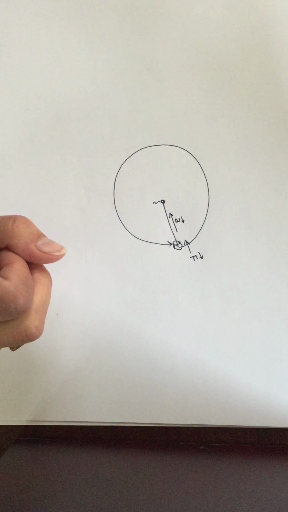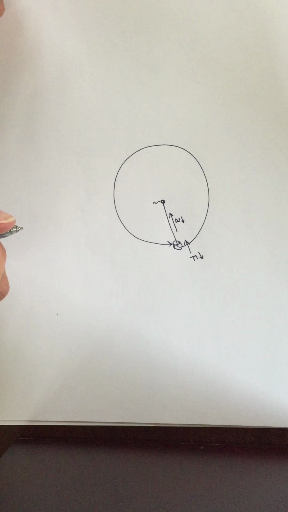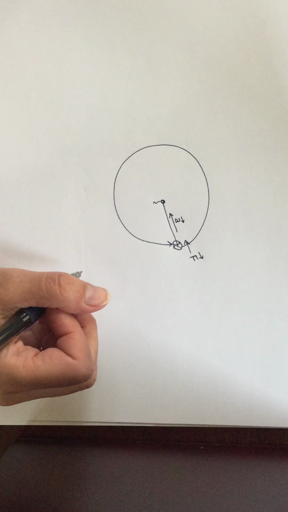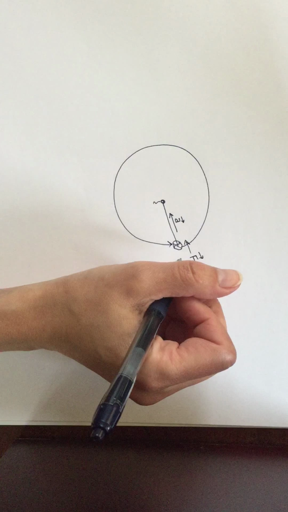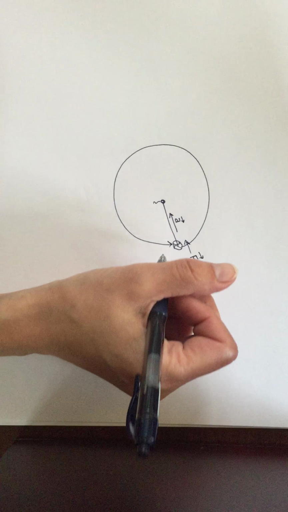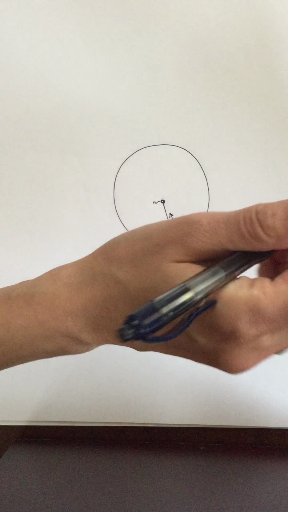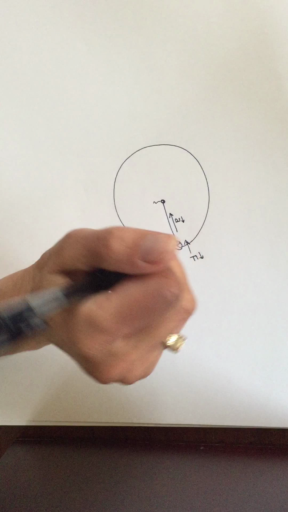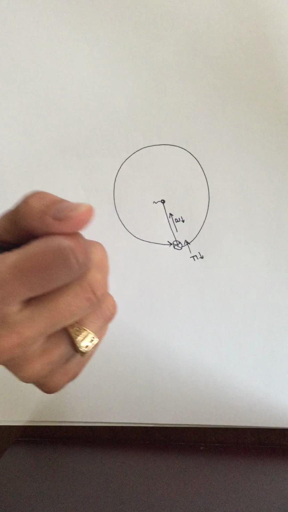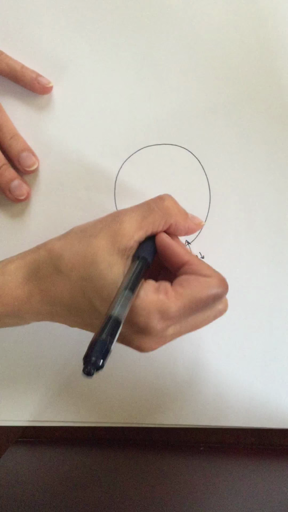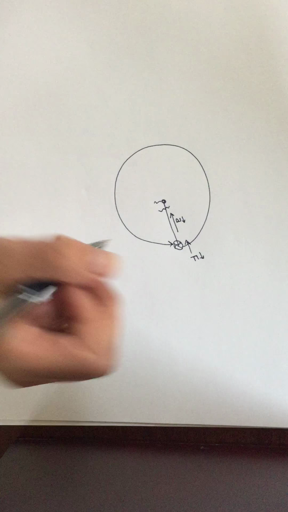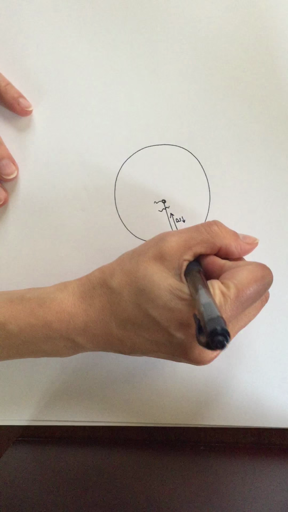Okay, now Newton's third law says that for every action, there's an equal and opposite reaction. So this means that if there's an inward force keeping the rock from flying off, then if you take that force away, if that force disappears, like when you let go or the string breaks, there's nothing to oppose the motion of this rock.